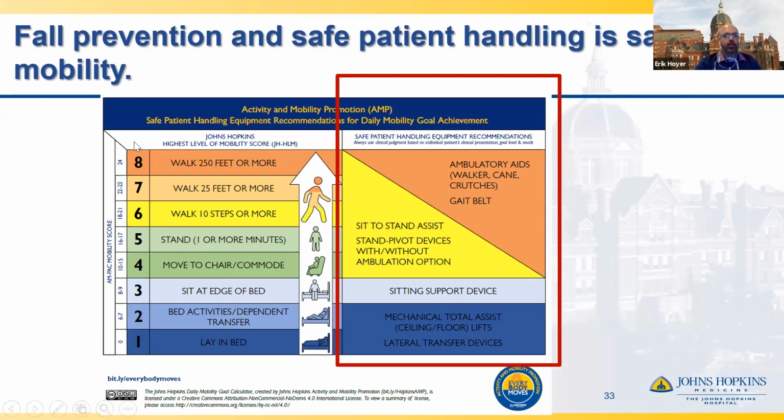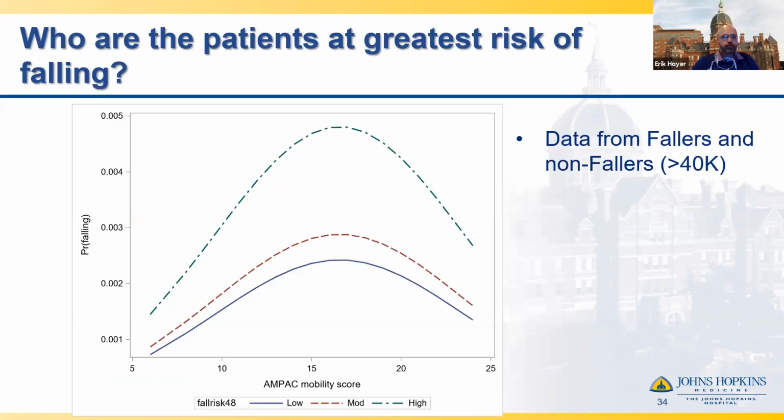You can see the AMPAC score on the left and these mobility goals. But in addition to that, we're also suggesting different types of equipment that can be used on the patient to really help facilitate that, because we not only want to avoid patient injury, but we also want to avoid staff injury. So that's another goal that we've been working on related to all this work.